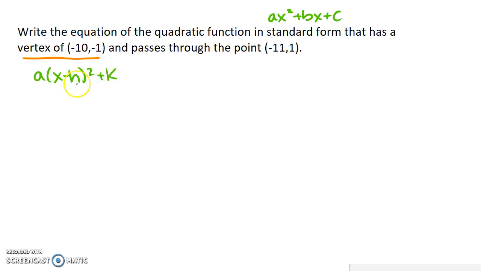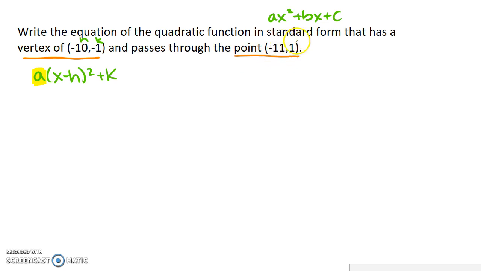From this form, we know our h and k from our vertex, but the piece that we're missing is the a. The reason why we need to find the a is because we can't just guess what it is, since we are given it goes through this point.